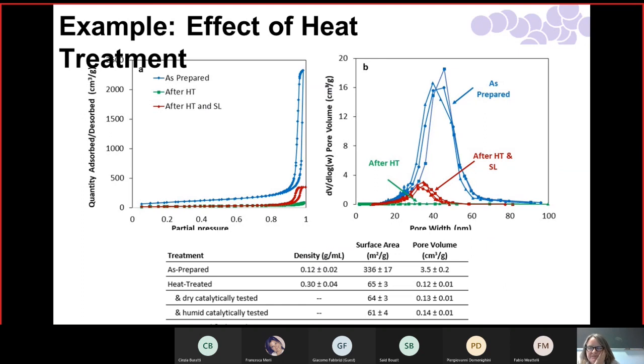There are assumptions in there about the shape of the pores that are inherent in the model. But we find it very helpful, and I'll show you some examples of where we've used it. But any questions on that bit? No? Okay.